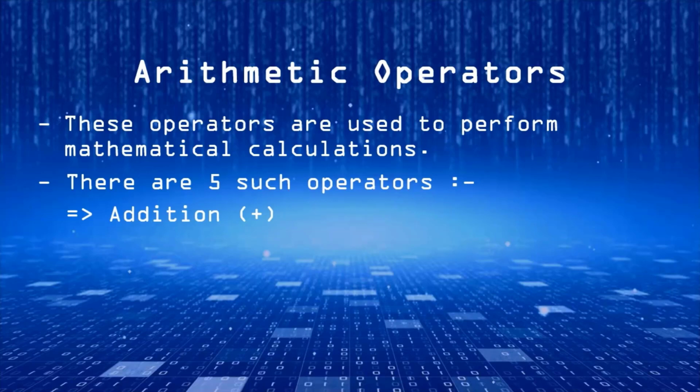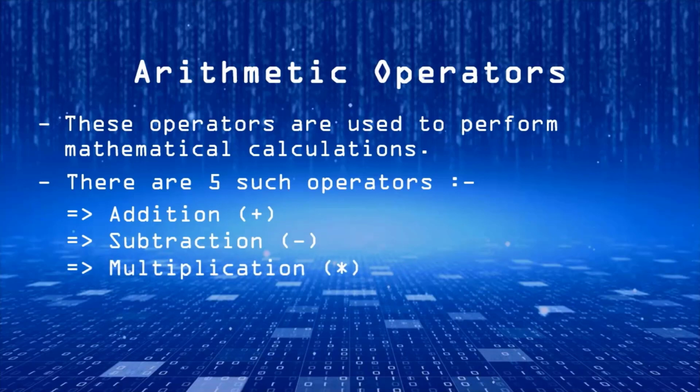Don't worry if you don't know the theory, we are also going to see it practically. Then we have subtraction, that means the minus sign. Multiplication, that is the star sign. Division, which is represented by the slash, and the modulus, which is represented by the percentage sign.